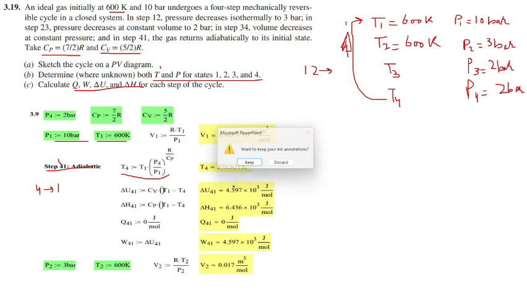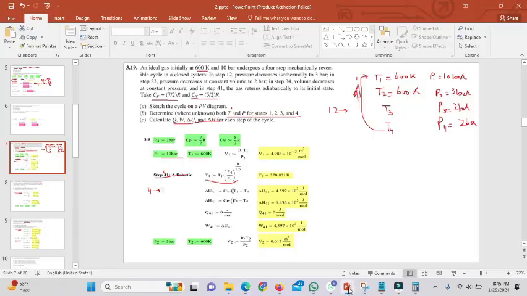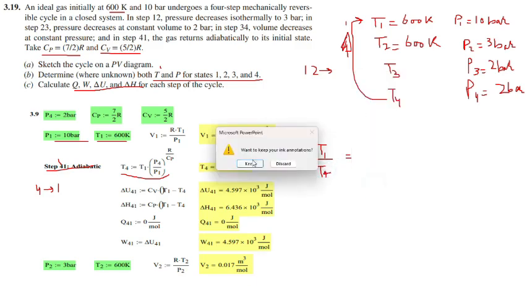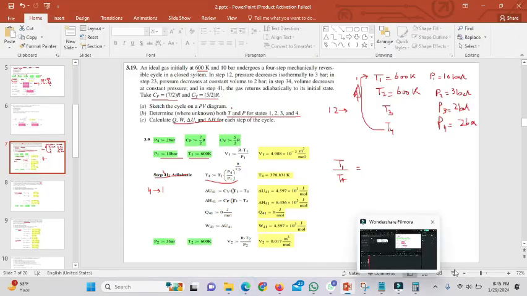Actually the formula was T2 by T1 is equal to P2 by P1, but here you will write it like this: T final by T initial, that is T1 by T4, which is equal to P2 by P1.